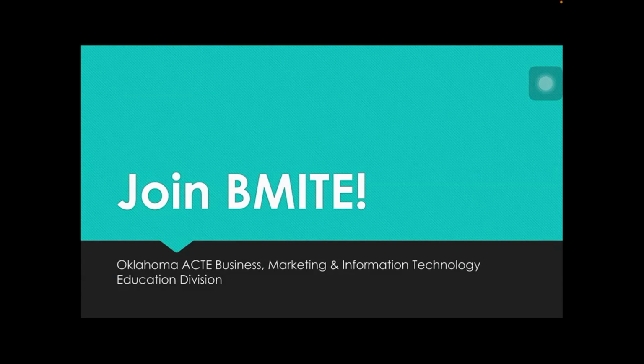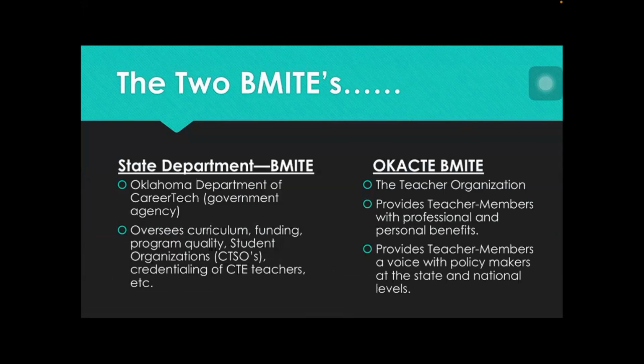All right, so to get us started, there may be a little bit of confusion, and this tends to be something that we've talked about in the past with folks, and in this confusion is that there are actually two BMITEs. One is the State Department BMITE, your government agency side that oversees curriculum, funding, program quality, your student organizations, CTSOs such as BPA and DECA, and credentialing of our career tech teachers, and so much more.